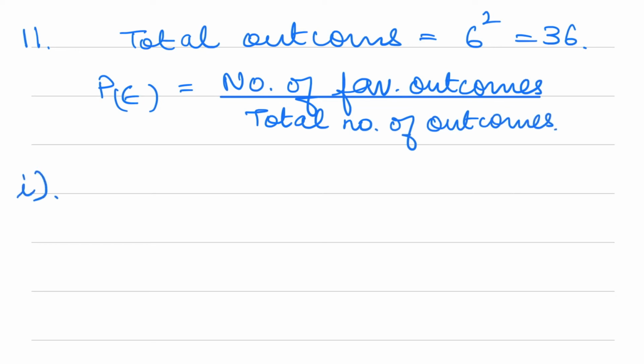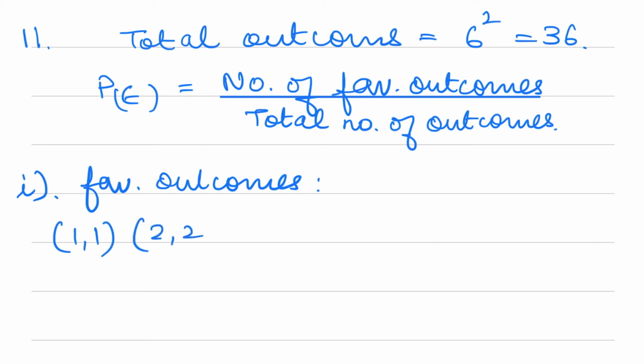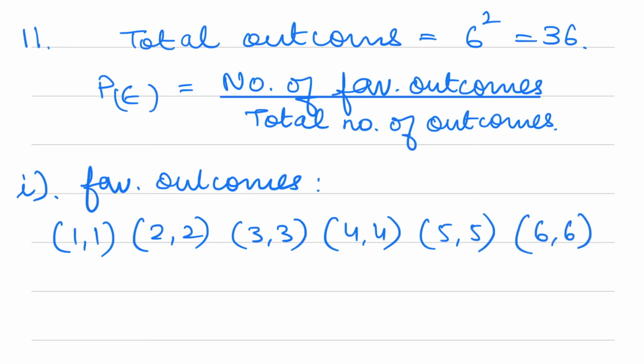So first part now, we have getting a doublet means favorable outcomes would be either 1-1 or 2-2 doublets, and then we can have 3-3, or we can have 4-4, or we can have 5-5 and 6-6. That's all.